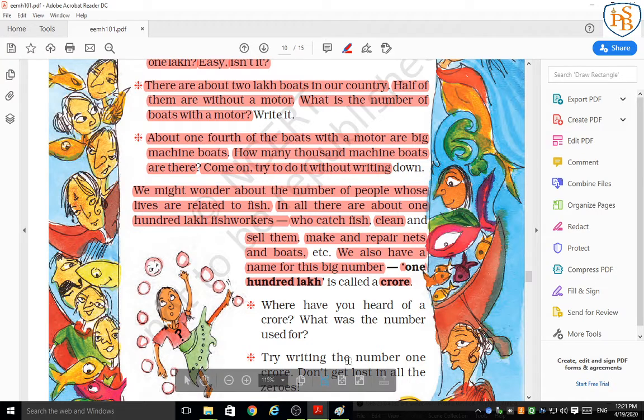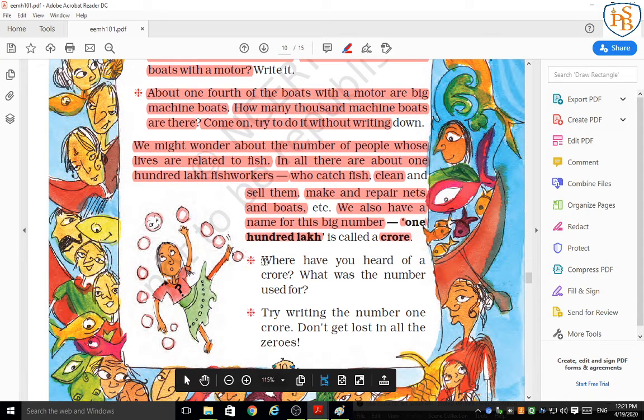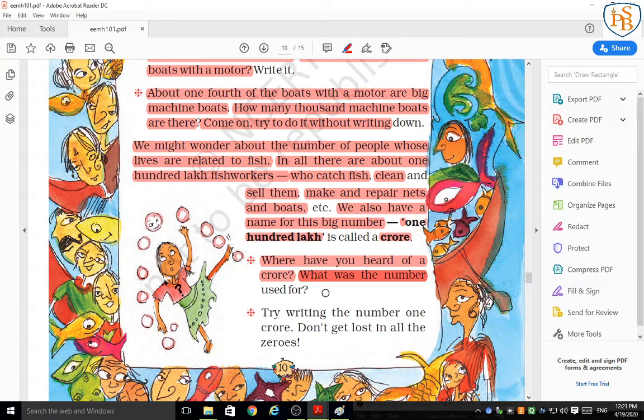Now we have one question: where have you heard of a crore? Have you heard that word, crore? What was the number used for? Yes, normally the population of our country is in crores.